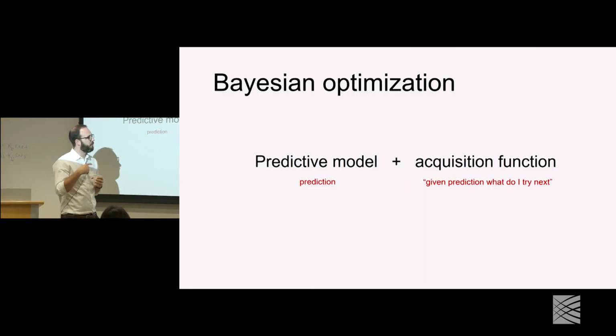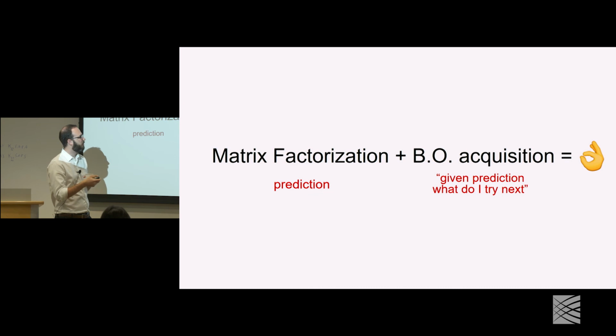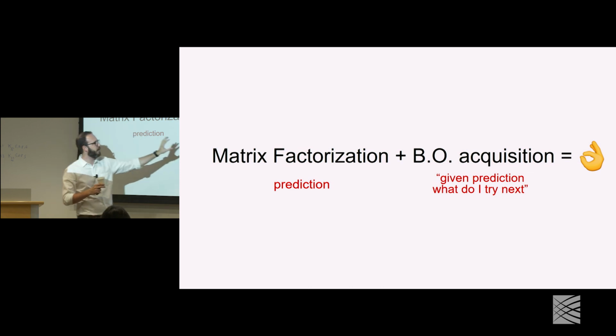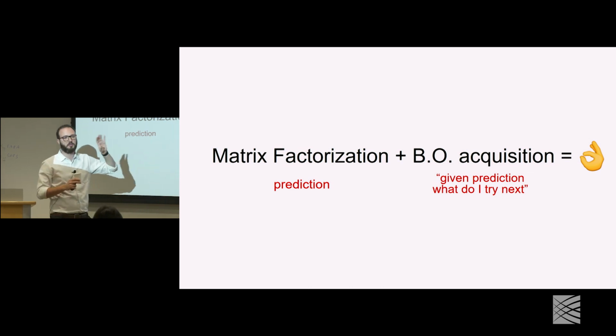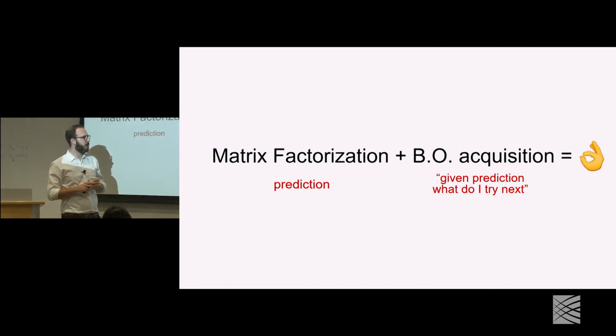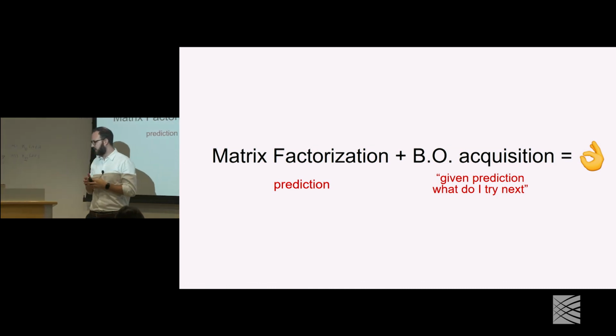So if you remember the Bayesian optimization slide, I said you have a predictive model, you have an acquisition function. What I'm trying to convince you of is that if you do matrix factorization, collaborative filtering, and so on, and combine it with ideas from Bayesian optimization, such as the acquisition function, this actually works surprisingly well. I haven't talked about this project much in public for the years I've been working on it because I was so surprised that it actually worked.